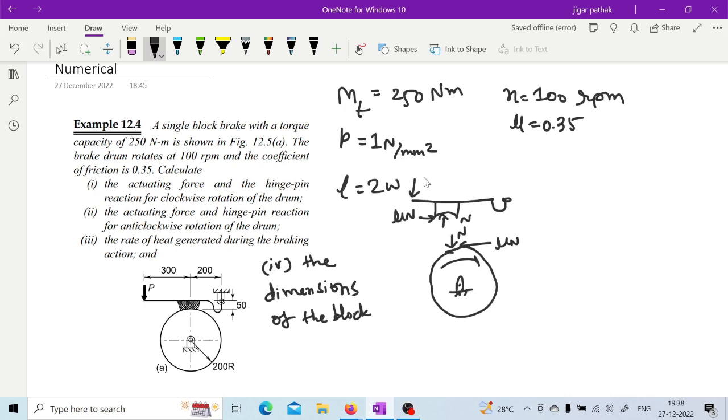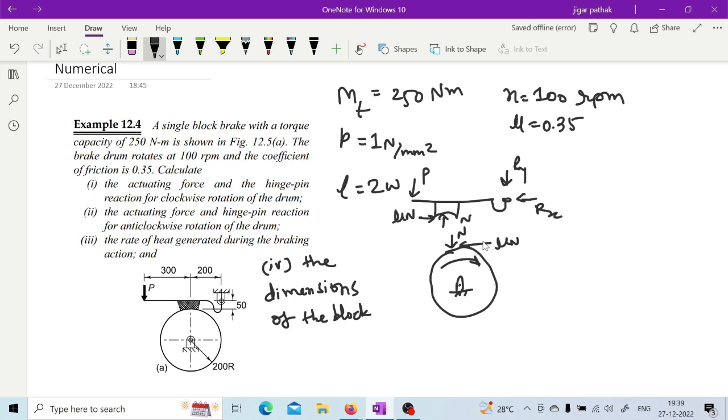So here the force is applied at Ry and Rx. You can consider like this. Correct? For clockwise direction, you will have these forces acting, right?